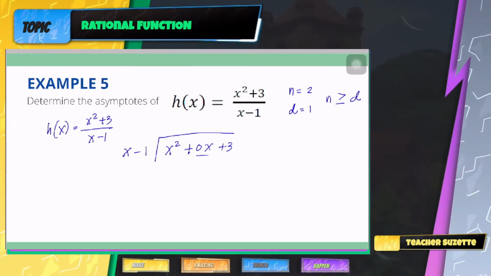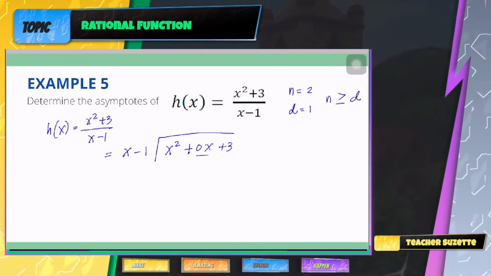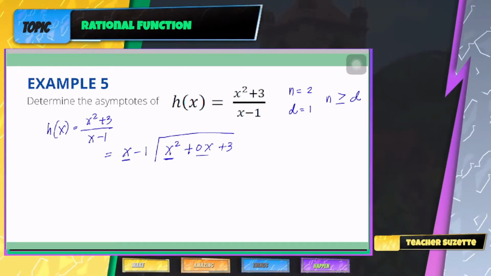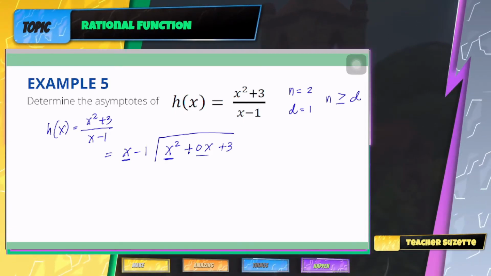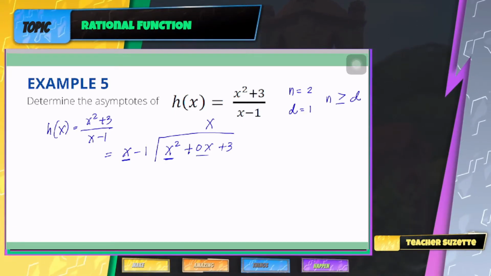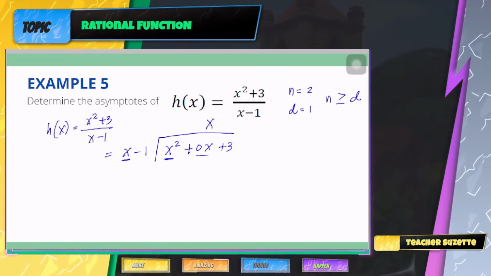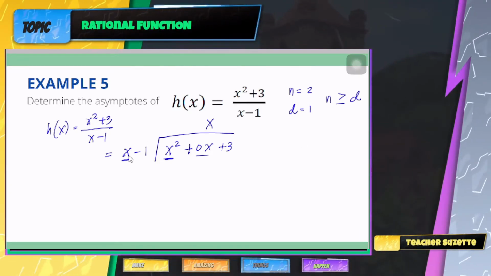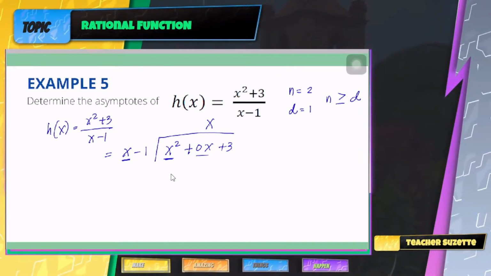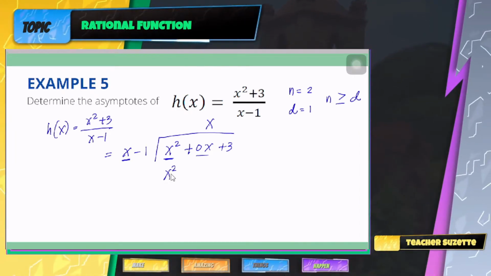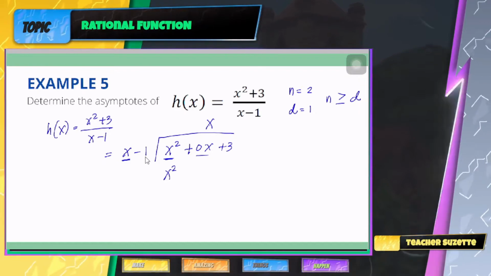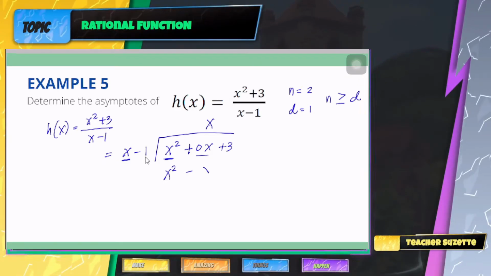So, now let's divide. First, divide our x squared by x. So, that is x. Then, x times x, you will have x squared. Then, x times negative 1, that is negative x.